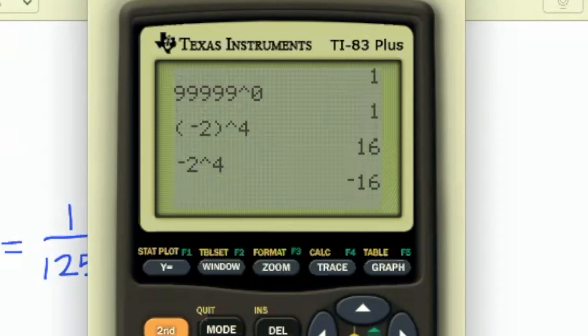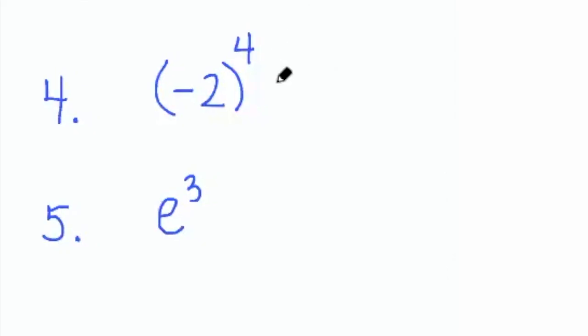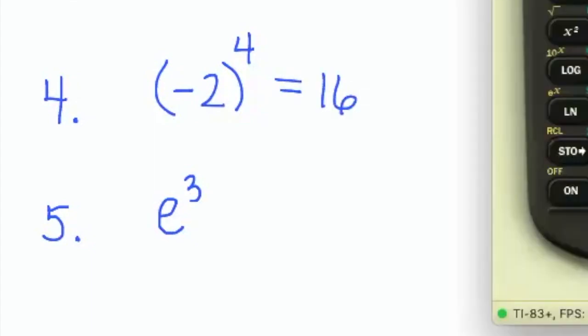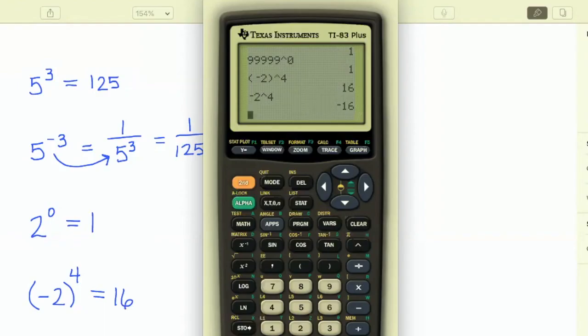This is because the calculator is following order of operations, and it does the exponent first, so it does 2 to the 4th, gets 16, and then negates it. So you want to make sure that when you're using a negative base, you do put it inside parentheses. This should be +16.